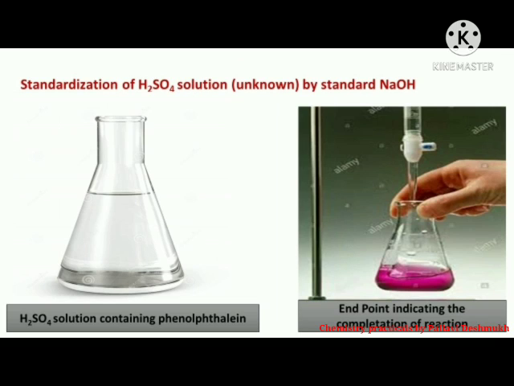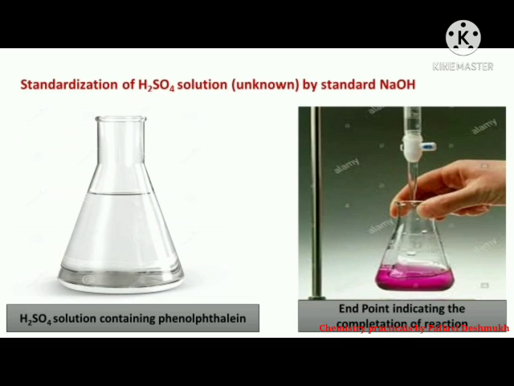The next step is the standardization of unknown H2SO4 solution by the standard NaOH. For that, fill the burette with the standard NaOH solution. Now, pipette out 10 ml of H2SO4 solution in a clean conical flask and add 1 to 2 drops of phenolphthalein indicator. Now, the solution becomes colorless.